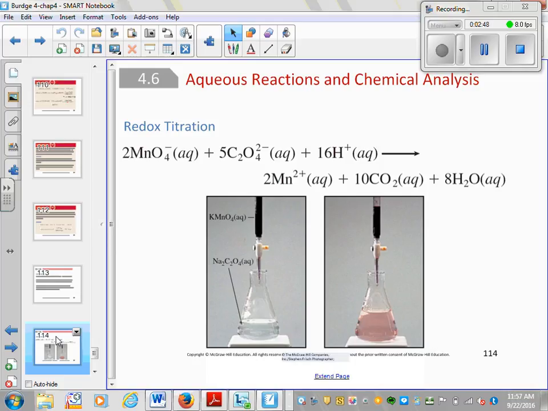We have MnO4-. We're just going to look at the Mn's. So that goes to Mn2+. And the other thing that's changing, we have the C2O4 2-. The carbon's going to CO2.